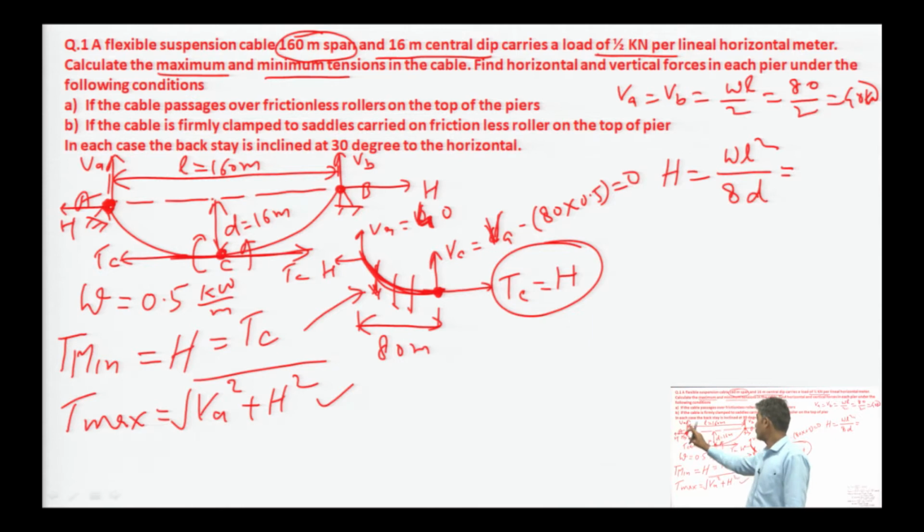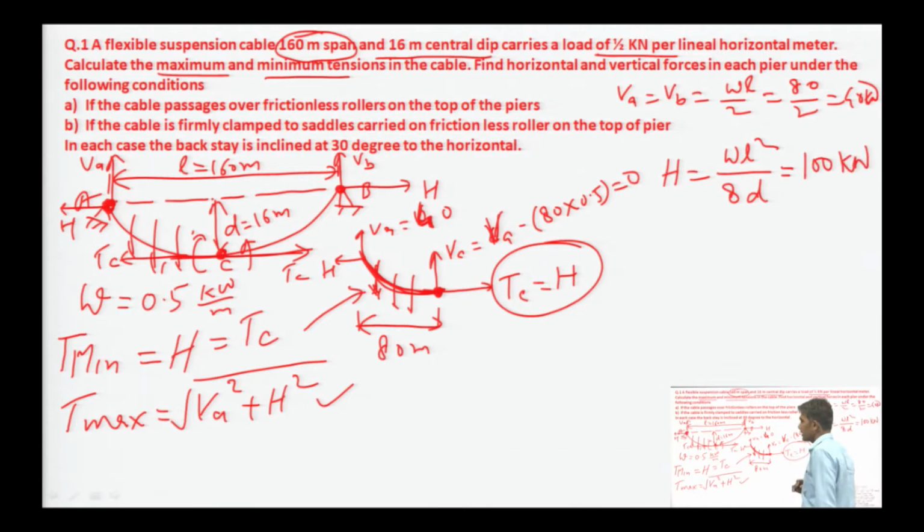You will get V A into L by 2, minus the UDL load W into L by 2 into L by 4, minus H into D. After putting the values, we will get the value of H as 100 kilonewton.